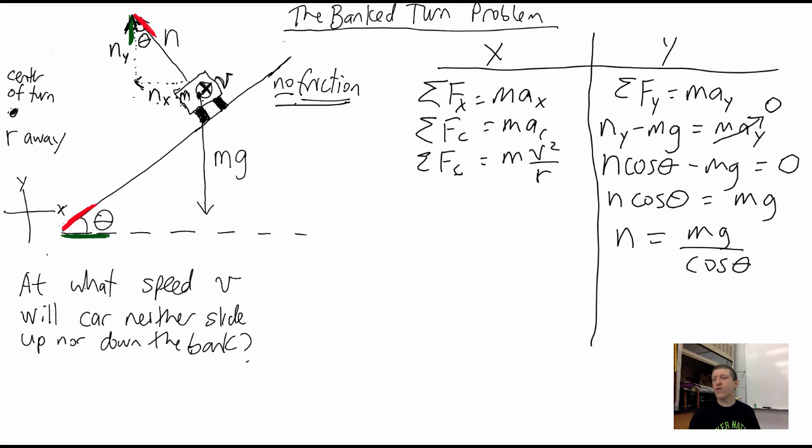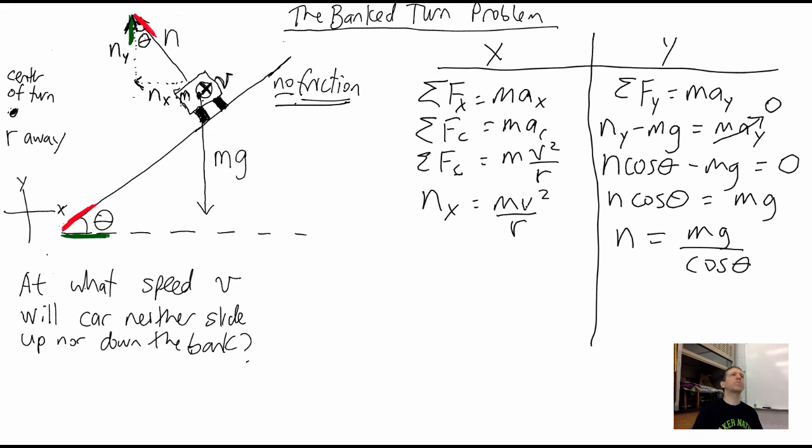Should I make this force N sub x positive, thumb up, or negative, thumb down? It's pointing to the left. Should I make it positive or negative? Why is that always going to be positive? It's the direction of acceleration. So that's going to be positive. So that is going to be N sub x, that's my only force, equals mv squared over r.